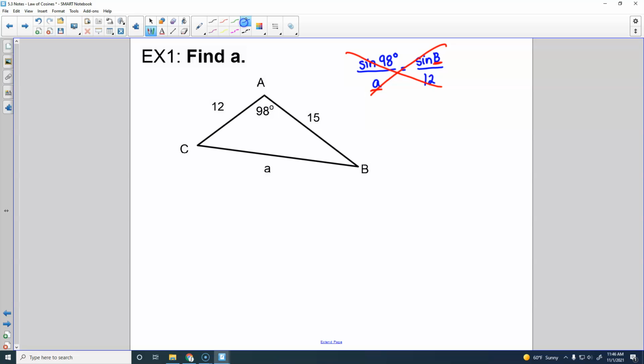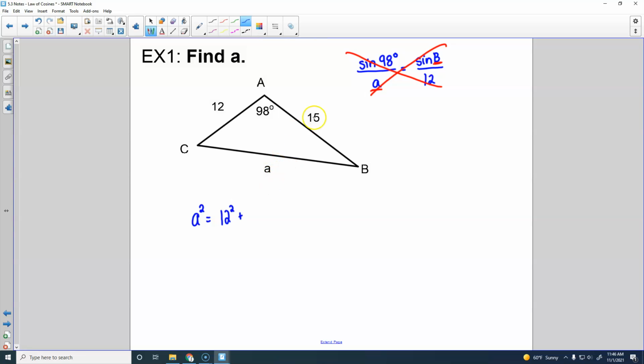So in this case, law of cosines, we're going to have A squared is going to equal B squared, which in this case our B squared is 12 squared.